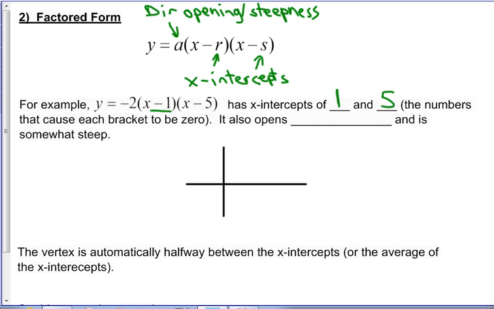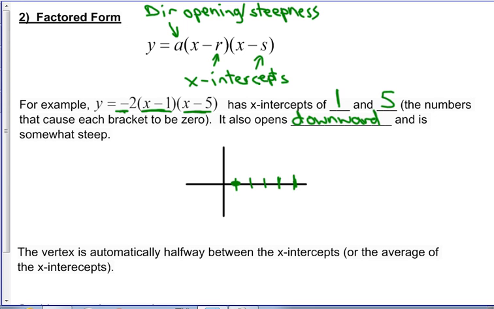Those are the numbers that make either this bracket or this bracket 0. We also know that it opens downward and is somewhat steep. So if I wanted to sketch this without having to go through the process of putting in vertex form, here's what I know about it.